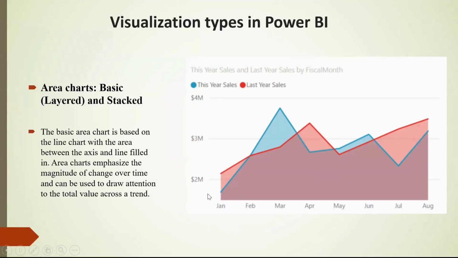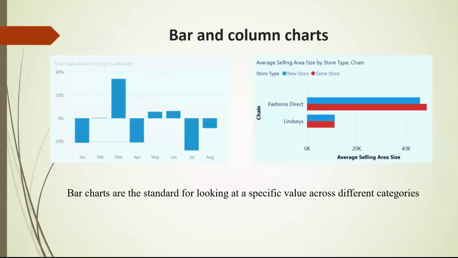Area charts are great when you want to show how values change over time and highlight the total value across the trend. Another is the bar and column chart, the most commonly used visuals. They are perfect for comparing values across different categories, like sales by region or expenses by departments.